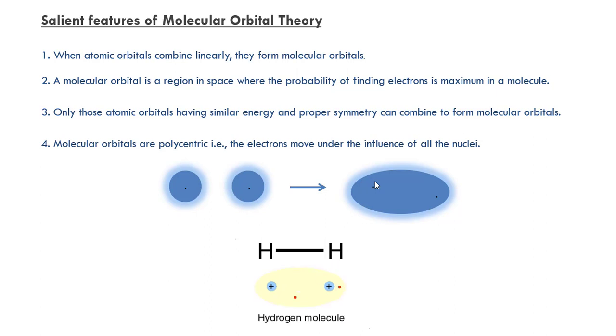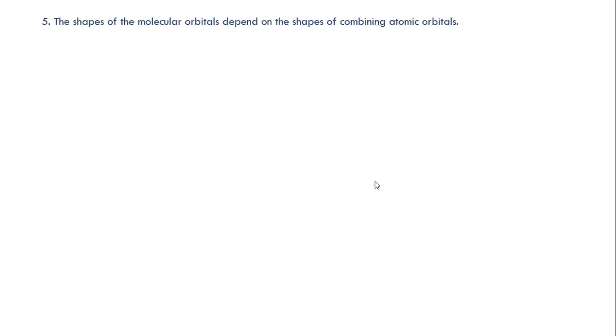So polycentric means that as many atoms are combining, the same number of nuclei will be present. Electrons move under the influence of all the nuclei present in the molecular orbital, just as we have seen here in this picture.